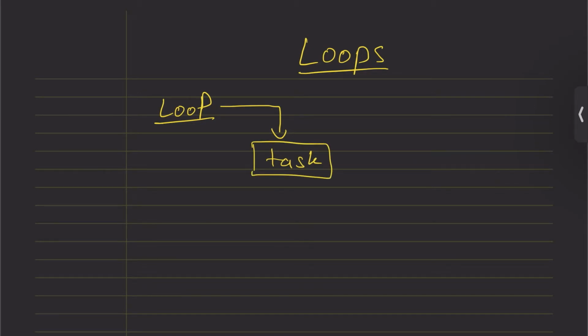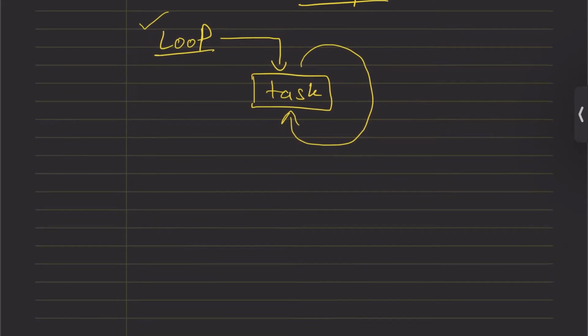So how many times a task will repeat is decided by the loop. You can also say the loop is controlling the execution of the task, right? So that's why loops are also known as control statements.